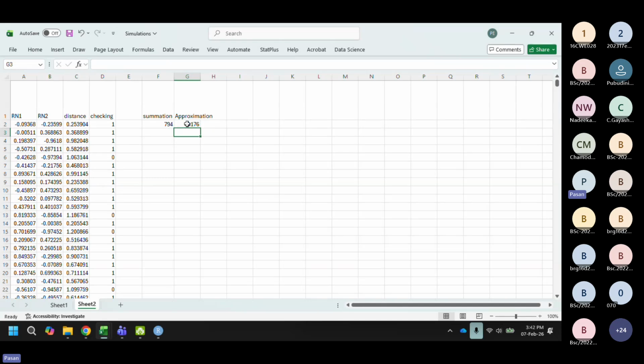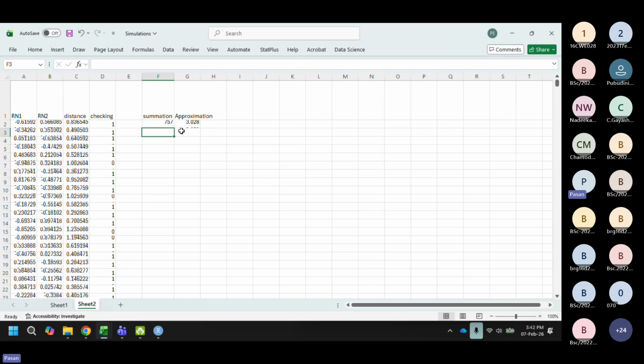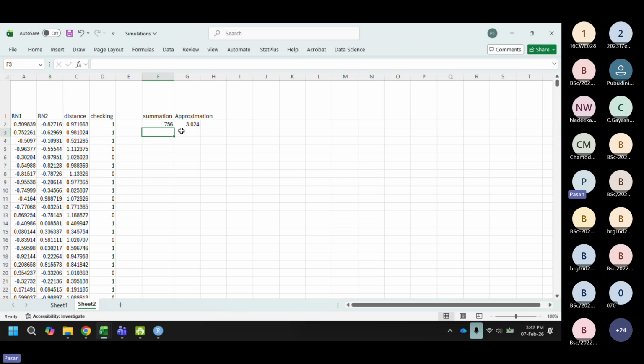So I can see that I'm getting the approximation as 3.17, right? So that is correct only up to one decimal place. It's 3.14, right? If I press F9 again, you can see 3.0 and 3.2, 3.0, 3.16, and so on.